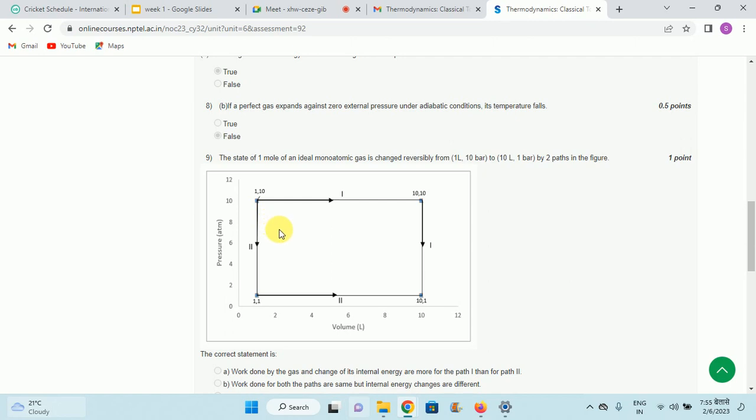And then work done for process 1: in the upper part of process 1 there is a change in volume, but for the lower part there is not any change in the volume, so that work done is 0, where there is no volume change. For the other processes there will be some work done. So let's calculate it.